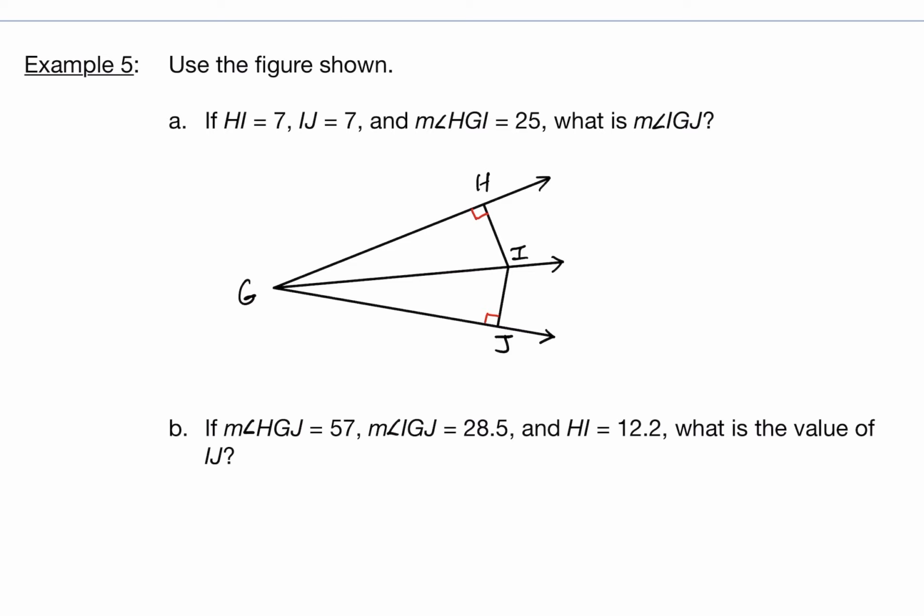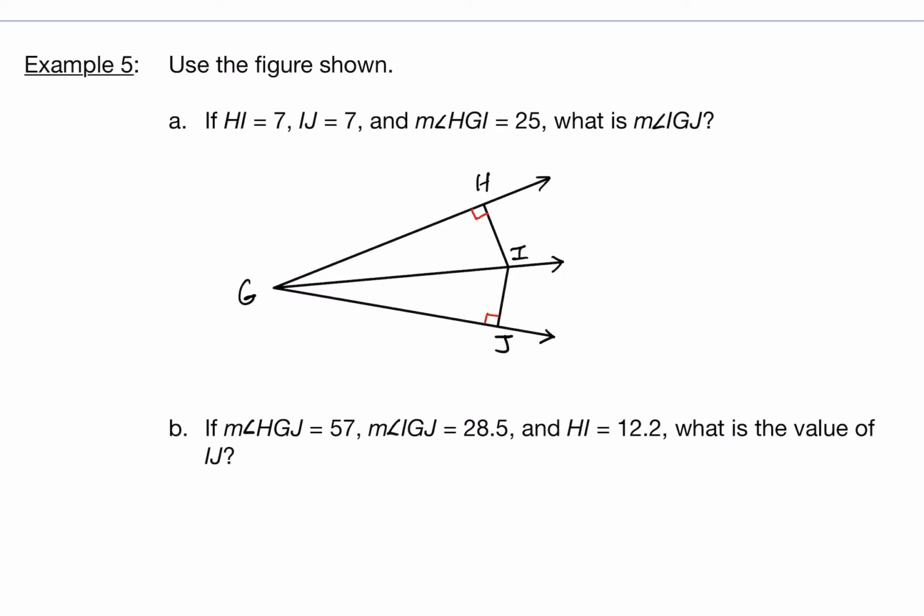According to the angle bisector theorem, or the converse of the angle bisector theorem, if these are equal, then this point is on an angle bisector. So now we know this is an angle bisector, meaning this cuts angle HGJ exactly in half.